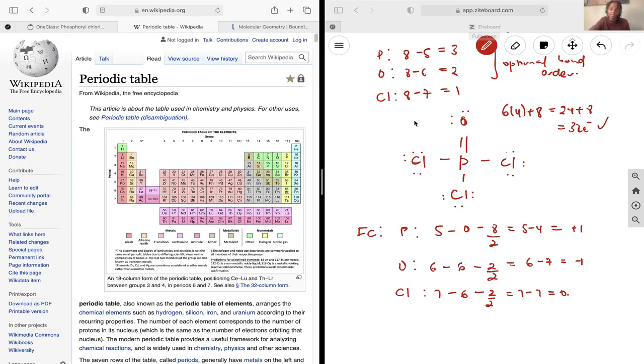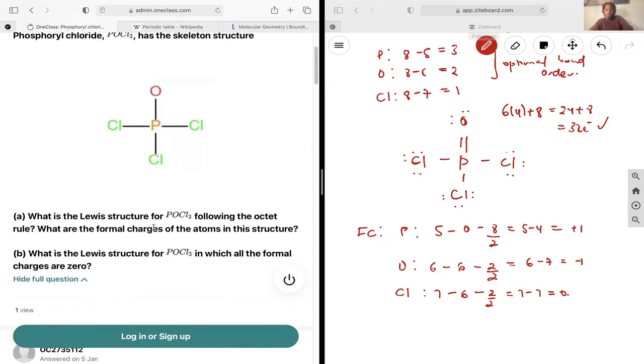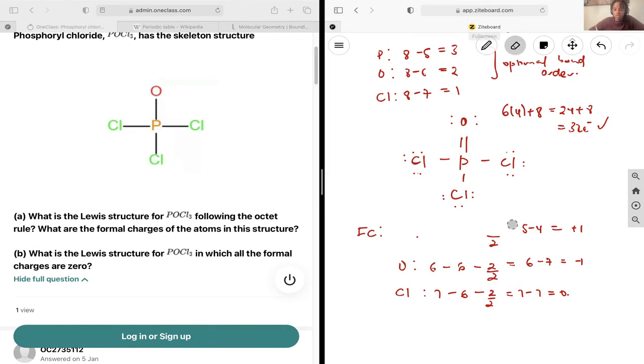No, it technically cannot, but it's what is asked for in the question. For what is the Lewis structure if all the formal charges are 0, and this is the structure that would allow all those formal charges to be 0. So it's just a theorized structure. And so in this case, let's just ensure all of those formal charges are 0, because that is what is asked for.